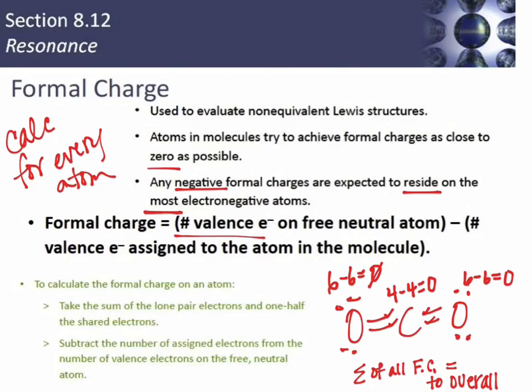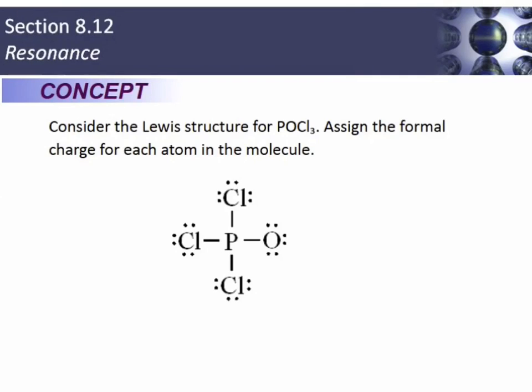So the overall charge on carbon dioxide is 0. So when I add all those up, it equals 0. Okay? Everybody good?